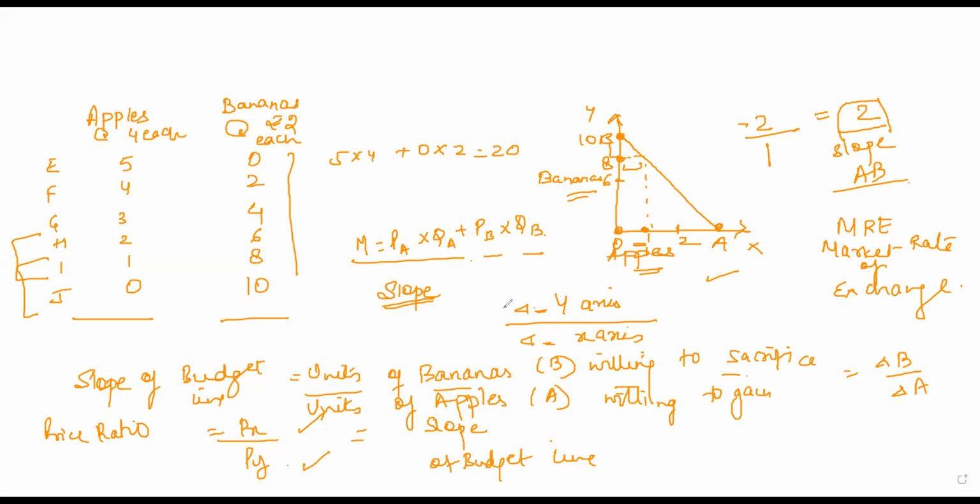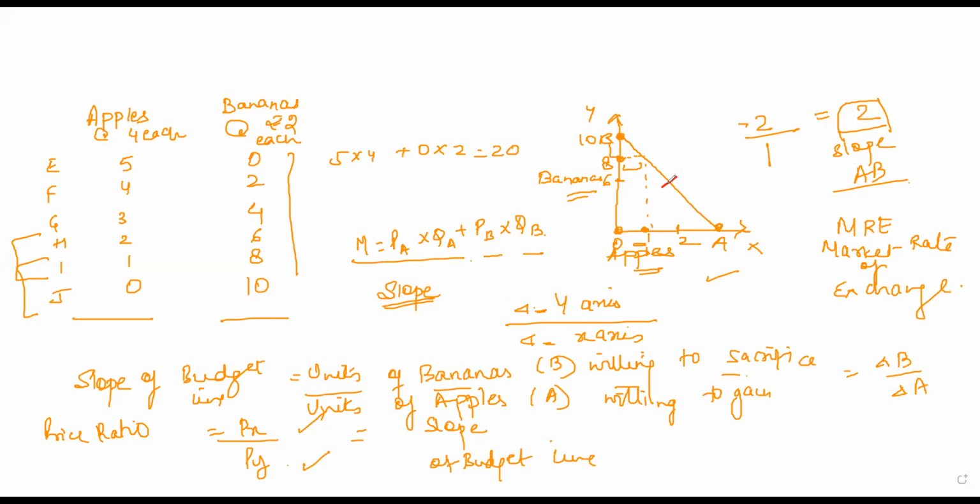See, a budget line always indicates a bundle which the consumer can purchase by spending his entire income. Any point on the budget line will always represent that bundle which a consumer can purchase by spending his entire income, right?